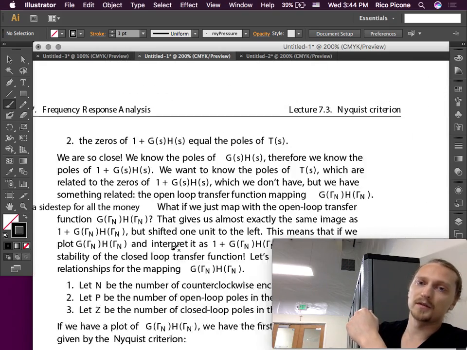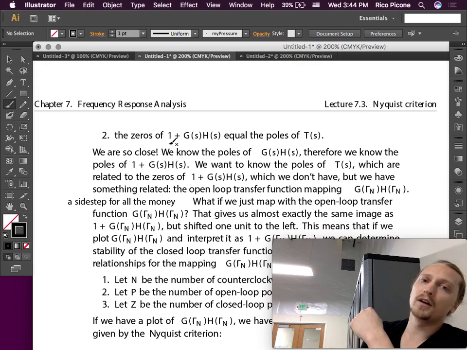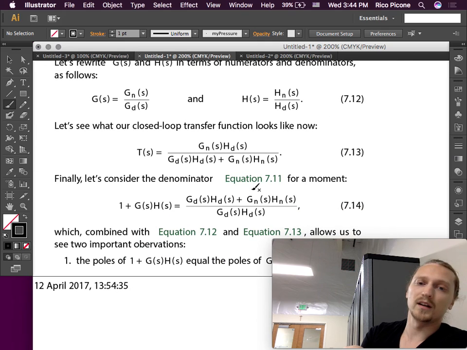The next observation is that the zeros of 1 plus GH equal the poles of T of S. The zeros of 1 plus GH, which come from up here, equal the poles of T of S. So this denominator is equal to this numerator.